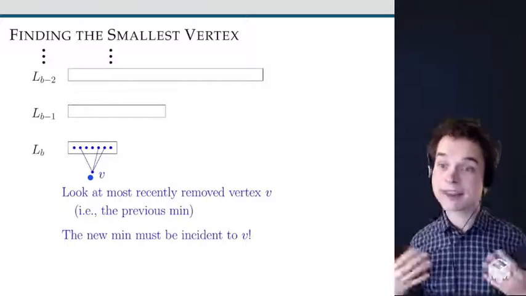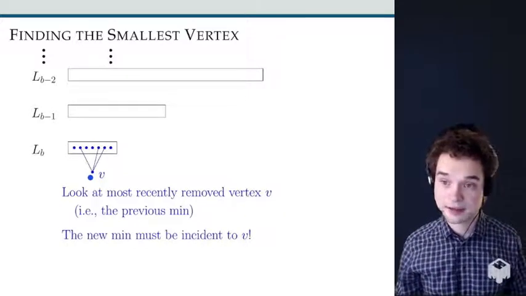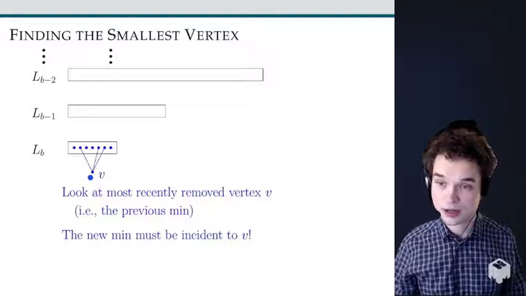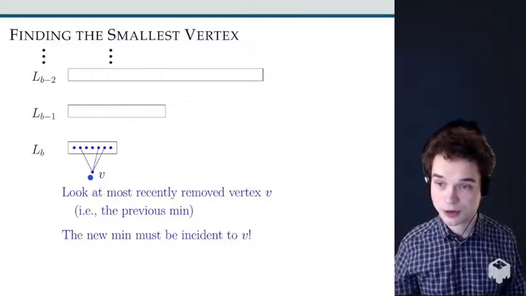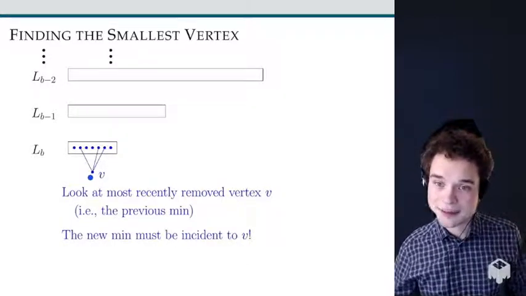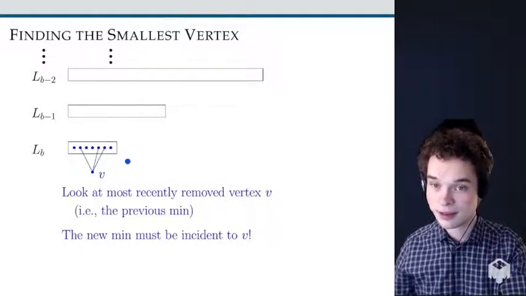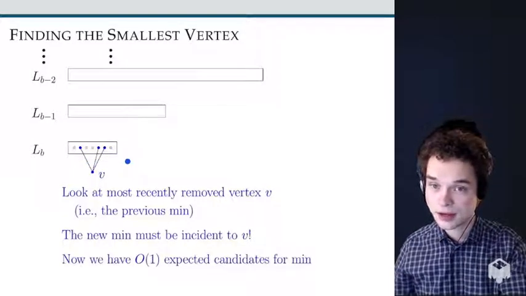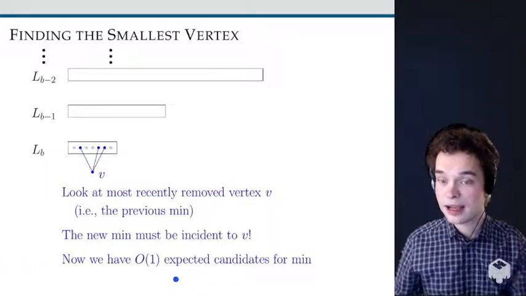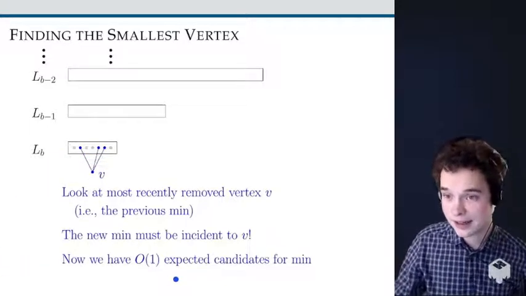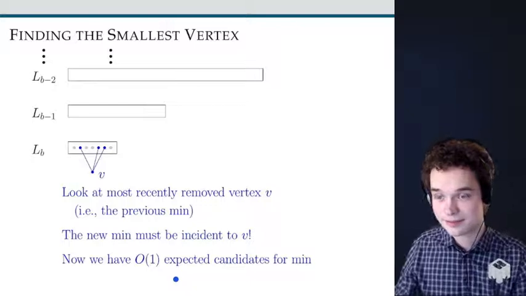And now we're benefiting from the fact that vertices have a relatively low out degree, in our case an expected out degree of root n. Because this means that we eliminate almost all of the candidates in our level L_b, and it turns out we're left in expectation with only a constant number of remaining candidates for who the smallest vertex is.